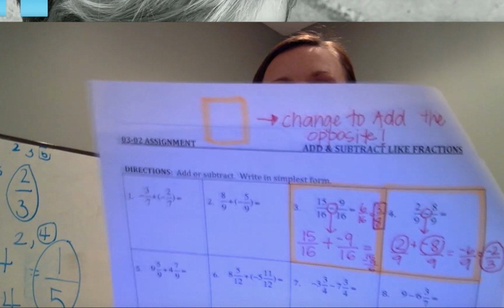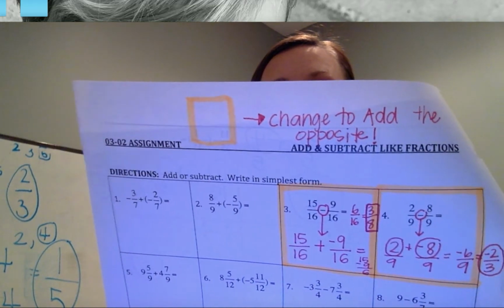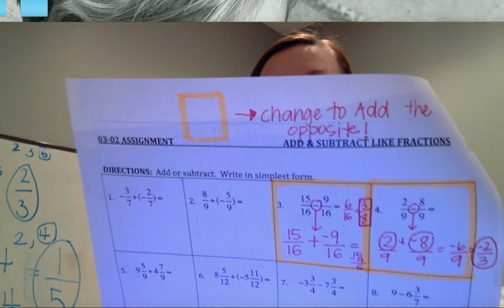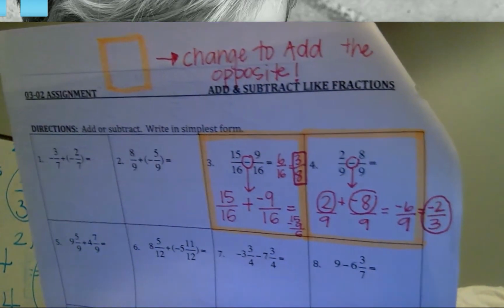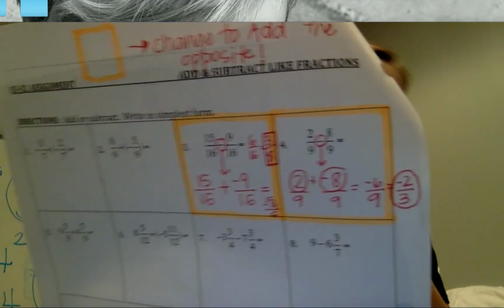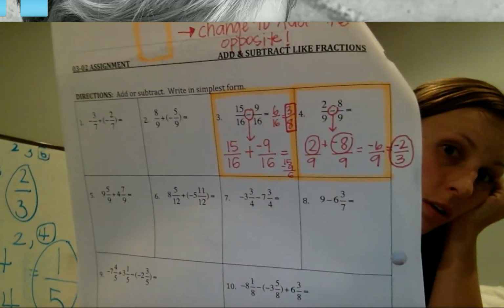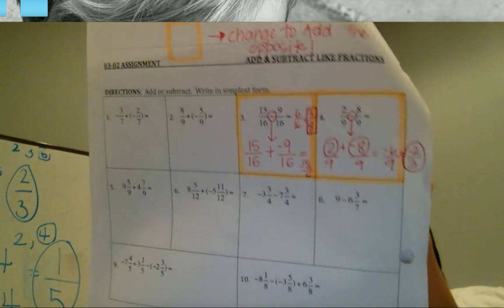I want to see that they're highlighted. I want to see that you've rewritten them as addition problems by adding the opposite. Look at my examples if you need to. Even write them down if you need to, and then get to work.